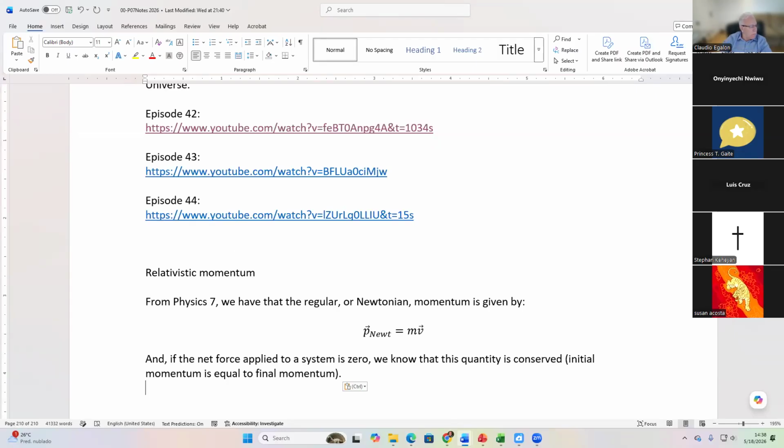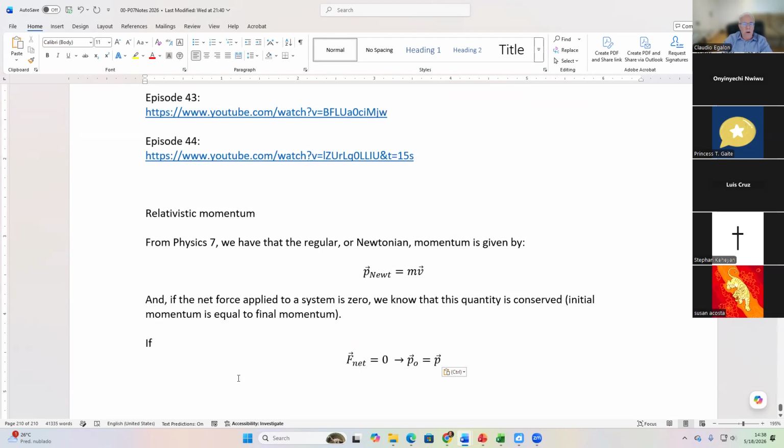So here you go. That's what we learned before. If the net force applied to an object is 0, the initial momentum must be equal to the final momentum. And that comes from Newton's second law of motion.